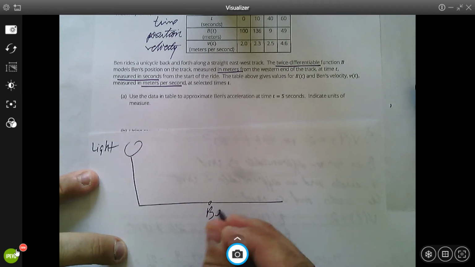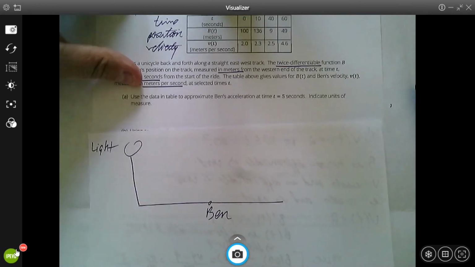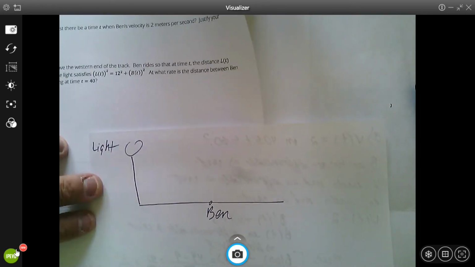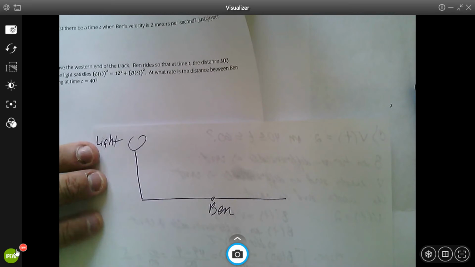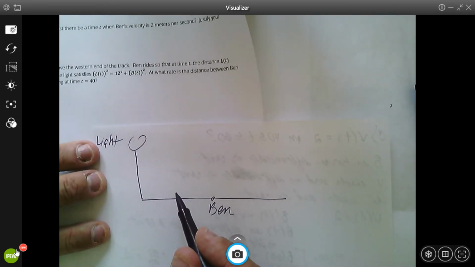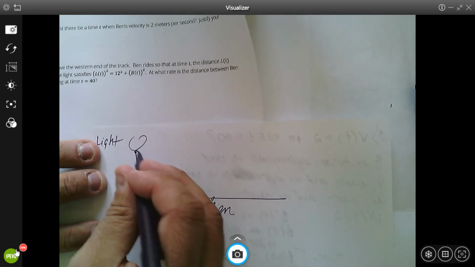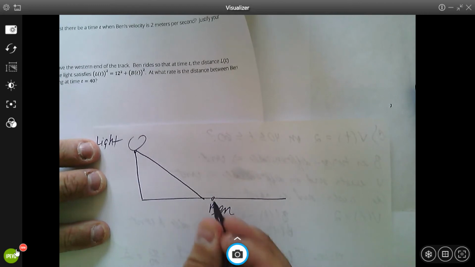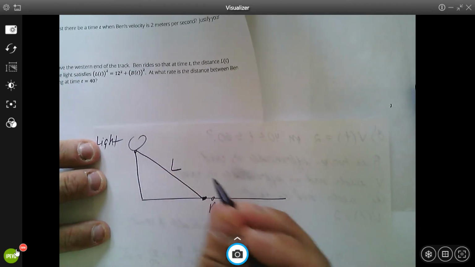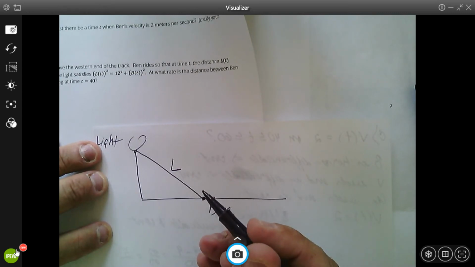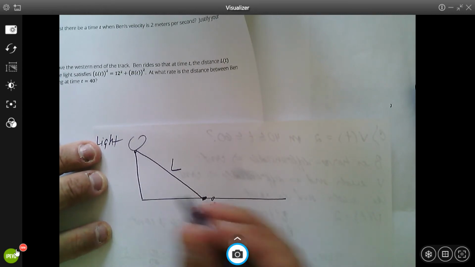Okay, here's Ben. What do we know in part D? We were told that the light is directly above the western end of the track. Ben rides so that at time t, the distance L between Ben and the light satisfies the relationship L of t squared equals 12 squared plus B of t squared.